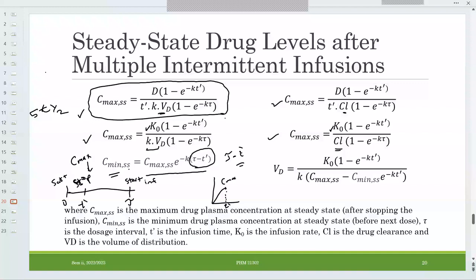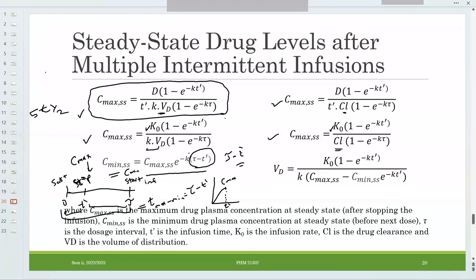And Cmin is here. So what is the time between Cmax and Cmin? It is equal to the dosage interval minus this part, the T prime. So the time from max to min equals tau minus T prime.